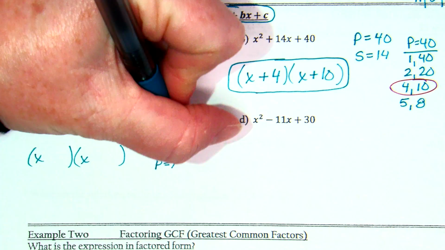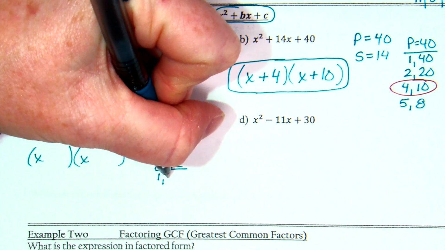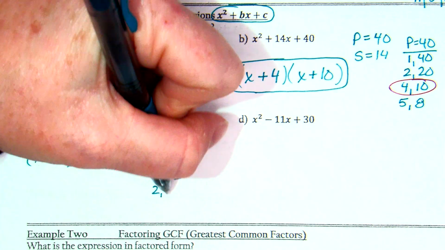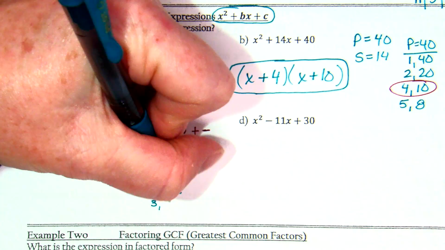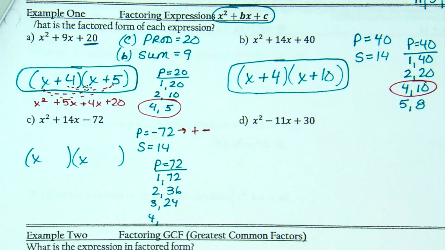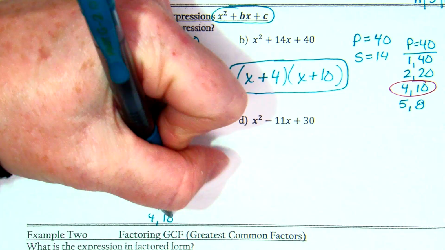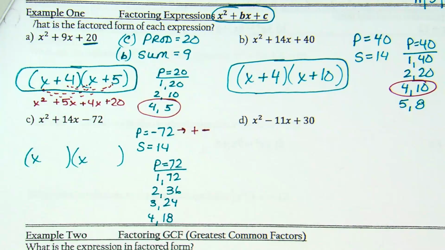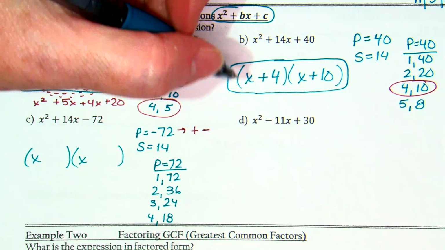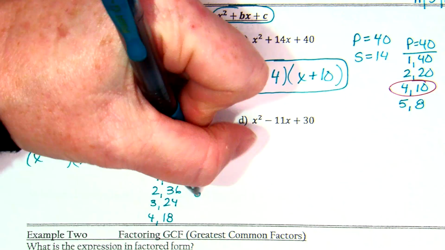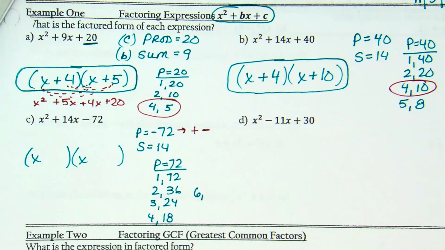Okay, guys, products of 72. 1 and 72. 2 and 36. 3 and 24. 4 and 18. 5 and nothing, 72 isn't divisible by 5. 6 and 12. 7 and doesn't work. 8 and 9.